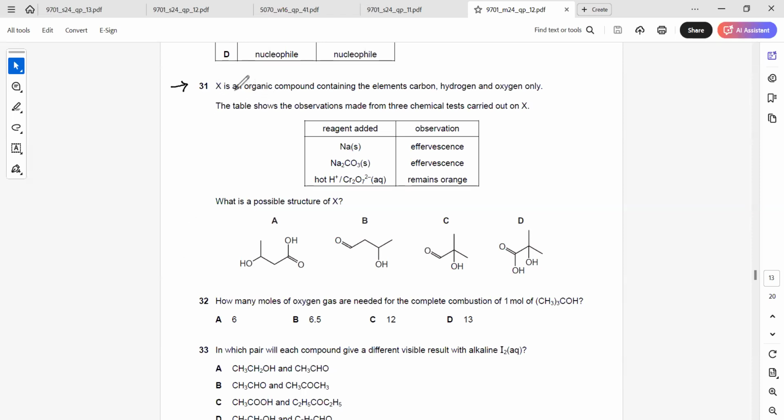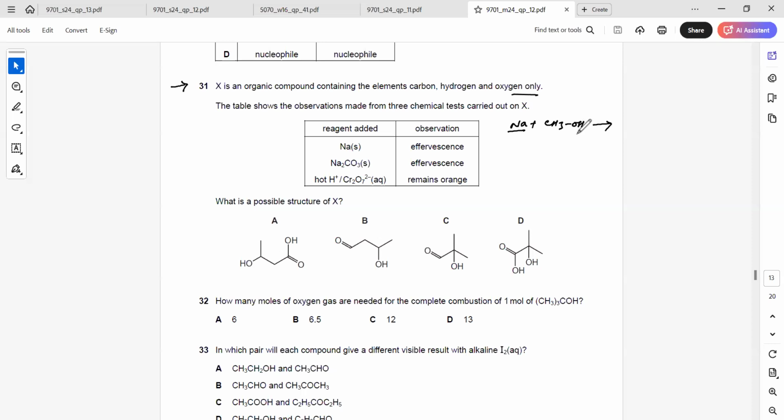In this question, they are saying X is an organic compound containing carbon, hydrogen, and oxygen only. And the table shows observations made from three chemical tests carried out. So the first one is sodium solid is added. As we know, sodium is a very reactive metal, and sodium can react with alcohols. For example, I take this alcohol.